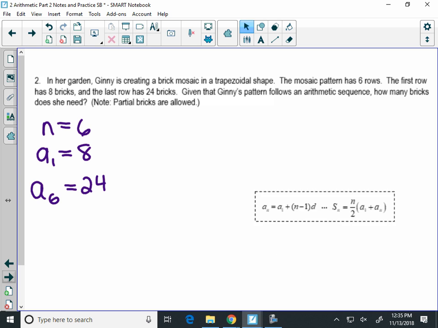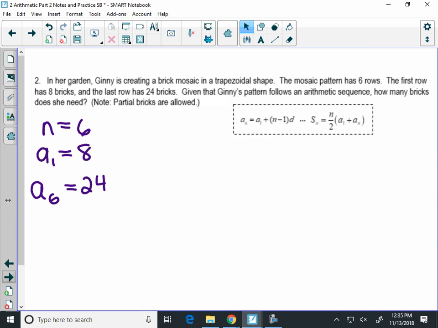So let's see what we have. Let's see if we have enough for the sum formula or if we have to do something else. S sub n. N is 6, so we know the n. Do I know the first term? Yes. Do I know the last term? Yeah. Oh, so I have everything for the sum formula. So let's put it in. Sum of all 6 rows is going to equal 6 over 2.